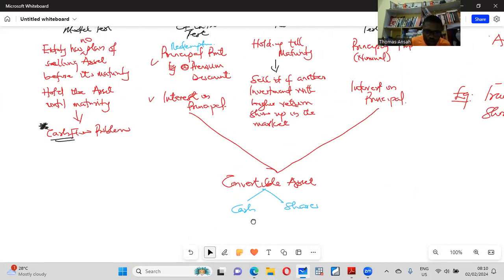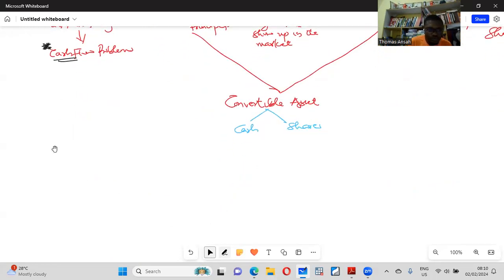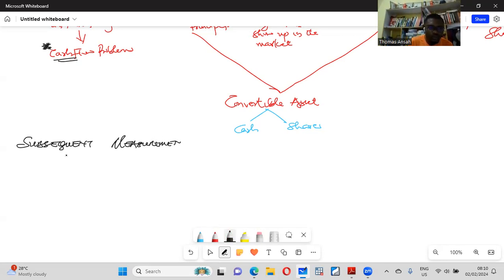So let's learn subsequent measurement. Under the amortized cost, subsequent measurement, you will do the amortized cost table.